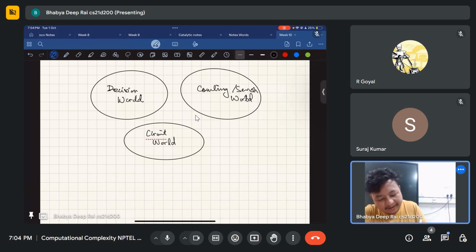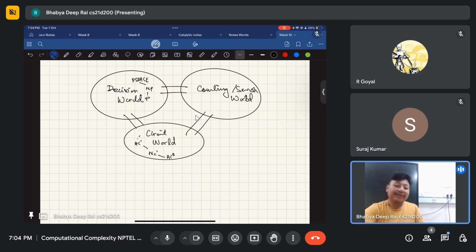The decision world is something like NP is contained in P is contained in PSPACE and so on. And here we have NC1 contained in AC0 contained in AC1 and so on, and all these classes. What we want to do is build bridges between them.